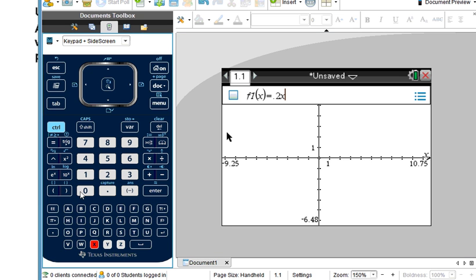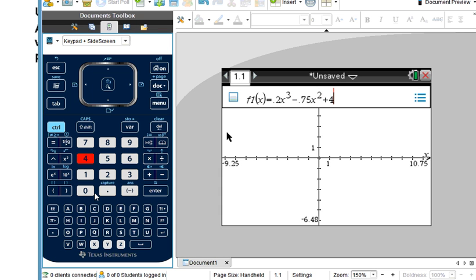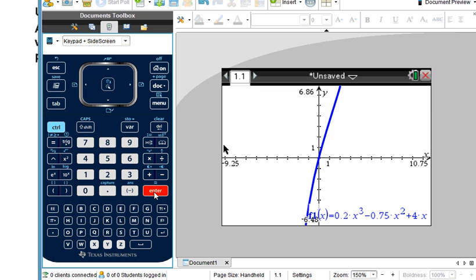We have x to the third power, and we're going to have minus 0.75 x squared. We're going to have plus 4x, and our y-intercept is 0, so we ought to be good here. We just take a look at it, press enter.